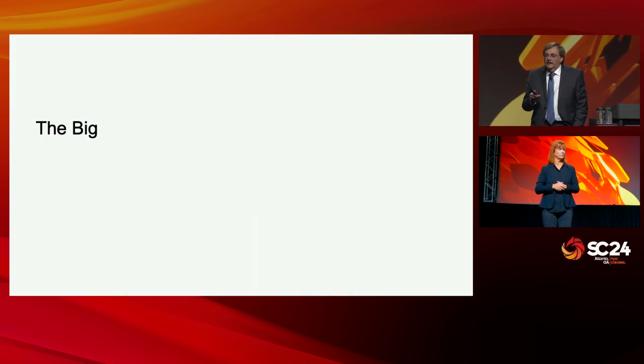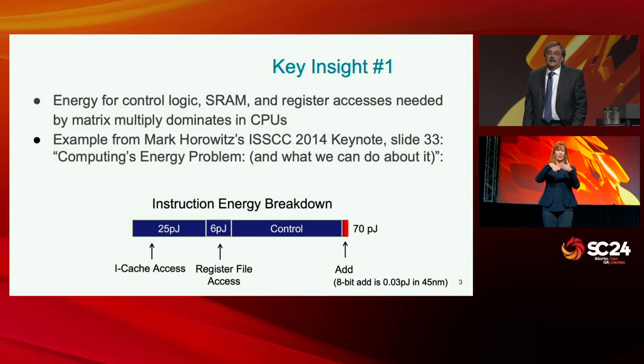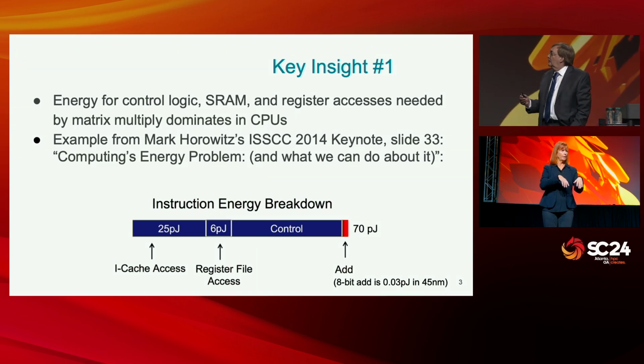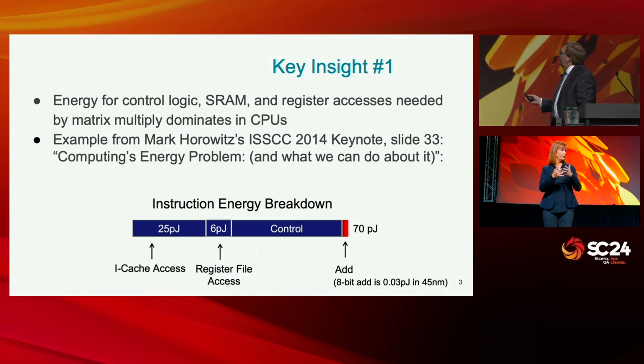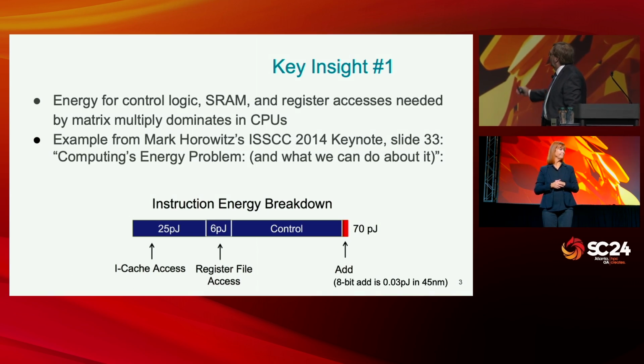So this chart here shows the energy breakdown of typical instruction execution in a CPU. And you can see that if we have an 8-bit add, it's 0.03 picojoules, where the whole instruction is 70 picojoules.